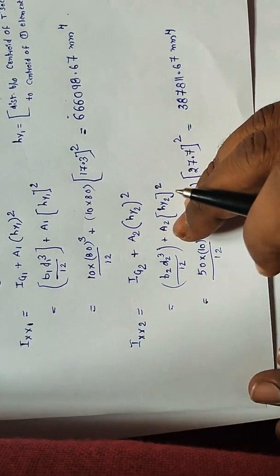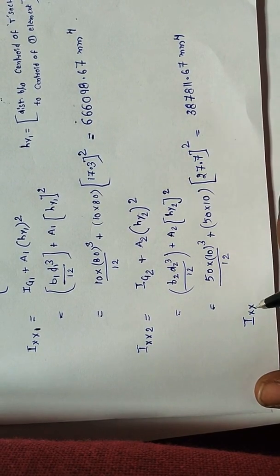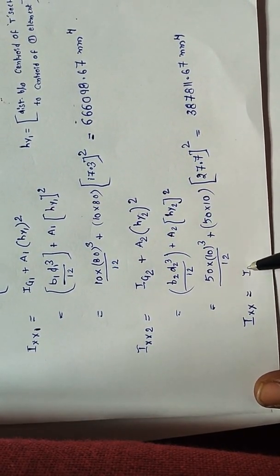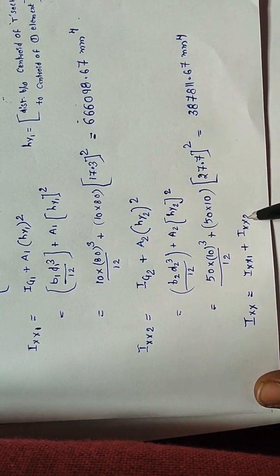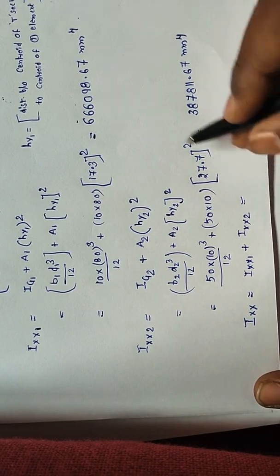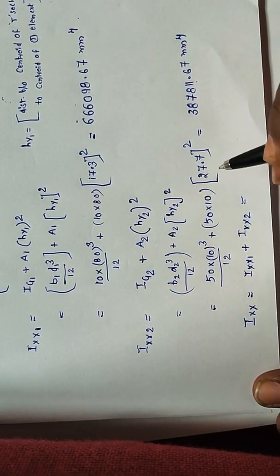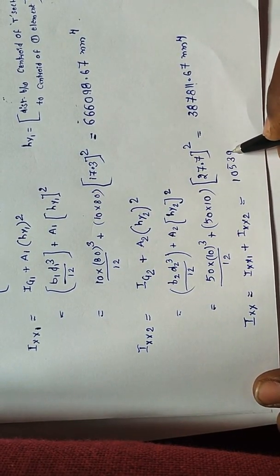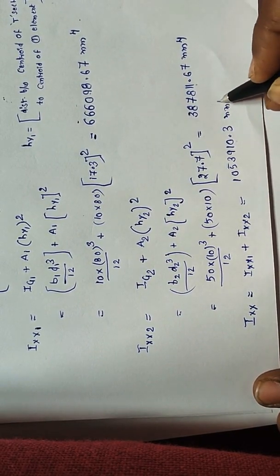So moment of inertia about centroidal axis, x-axis is Ixx1 plus Ixx2. If you add these two values, you may get some 1053910.3 mm to the power of 4.